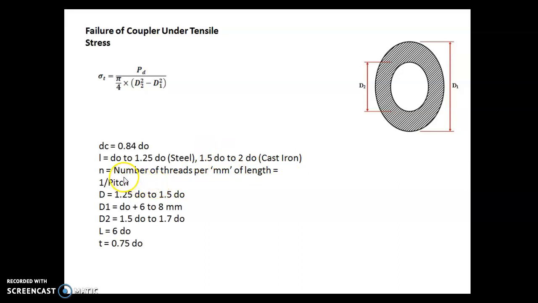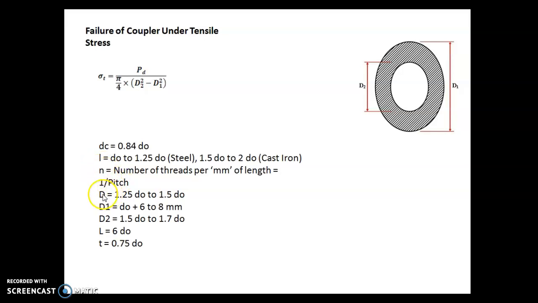Okay, then small n will be the number of threads per mm of length, which is also equal to 1 upon pitch. Okay, so pitch is given for a particular DC value in the table, so put here the pitch value, then 1 upon pitch will be the value of small n.